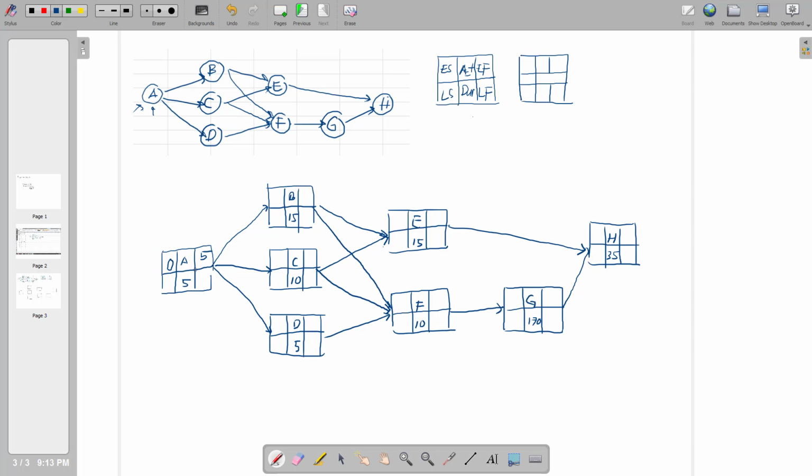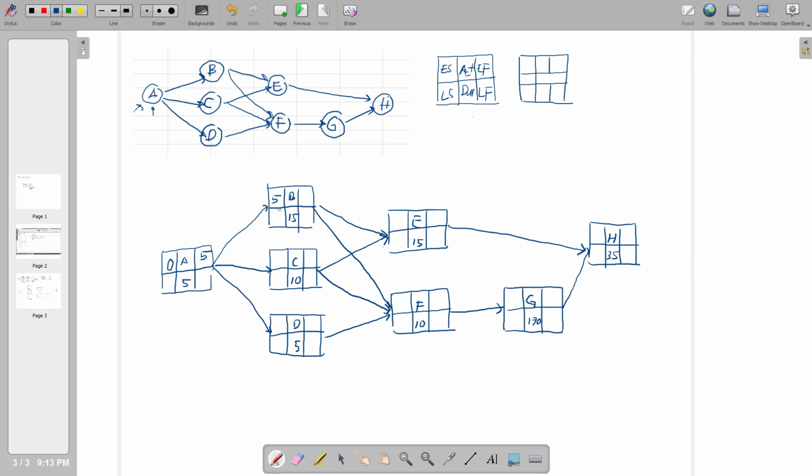Because the early finish of activity A is 5, automatically the early start of activity B is also 5. It cannot be earlier than 5.